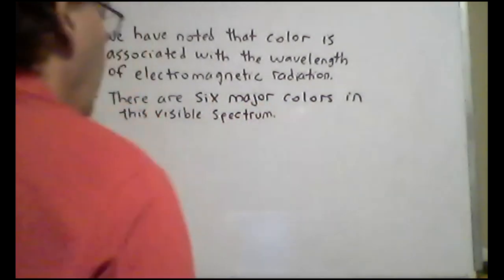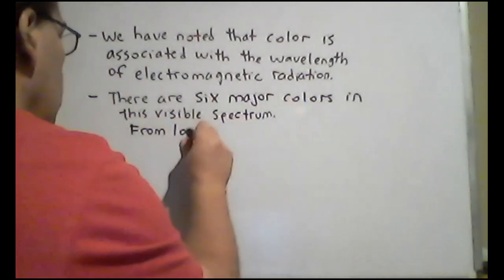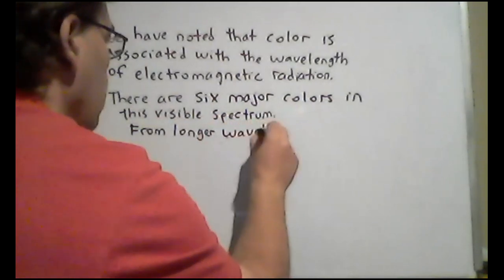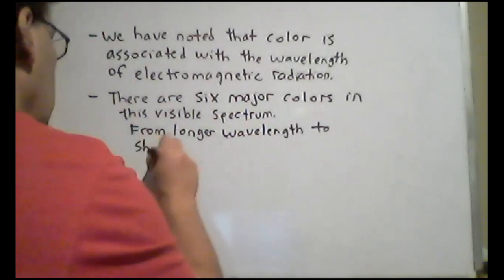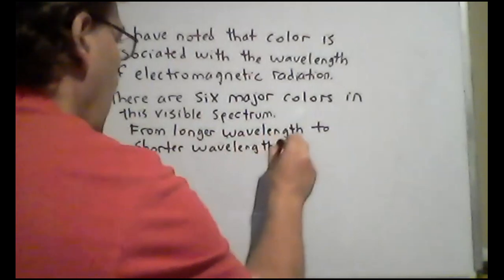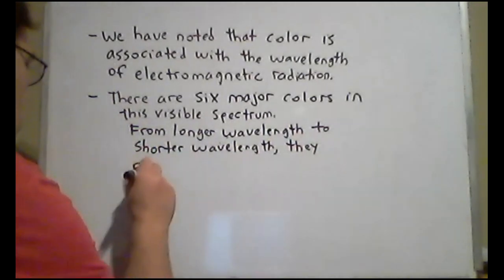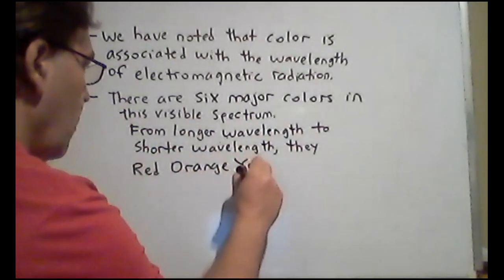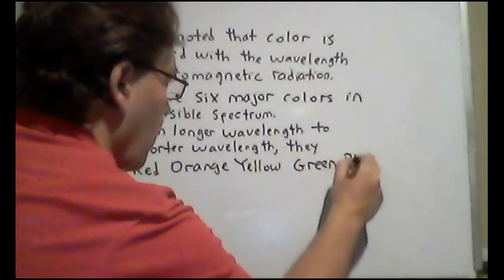From longer wavelength to shorter wavelength, they are red, orange, yellow, green, blue, and violet.